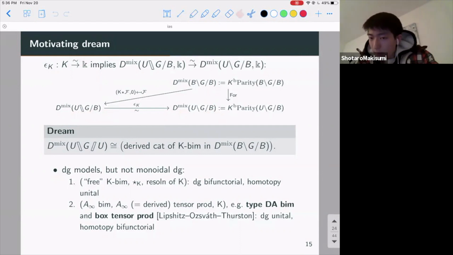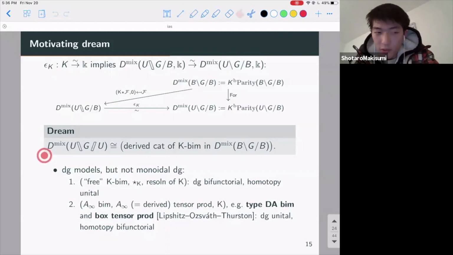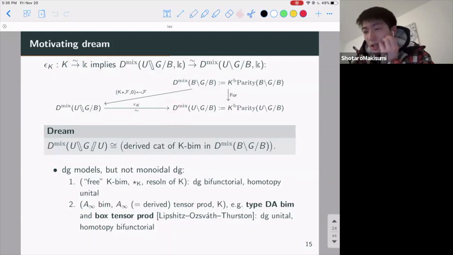So the dream then is to see if you can define this category D mix UGU, which would be the monoidal category that was in question mark, if we could define it also with the same kind of procedure.